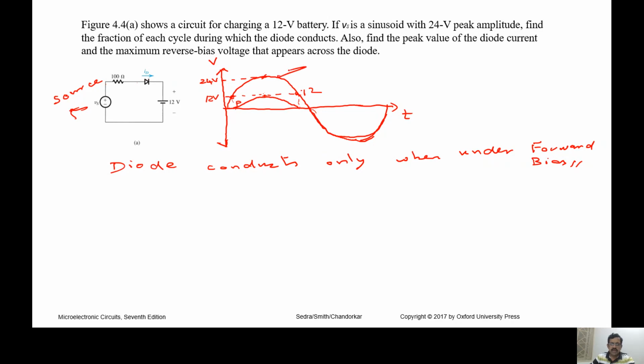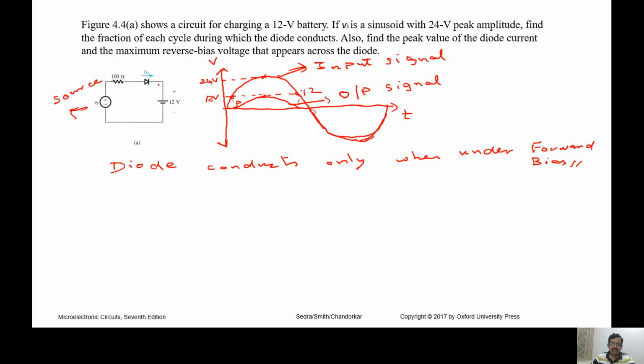So this is my input signal. This is my output signal. You will be able to see some output, which means the diode will conduct.